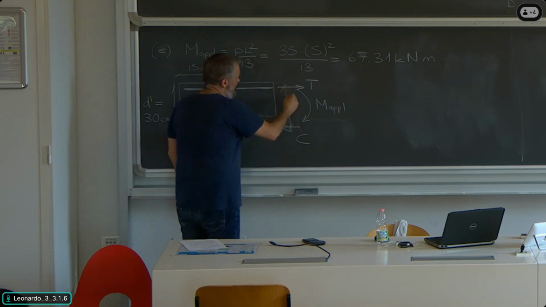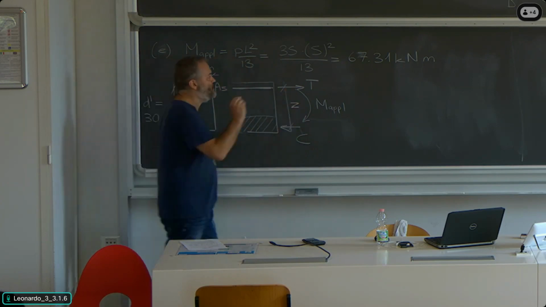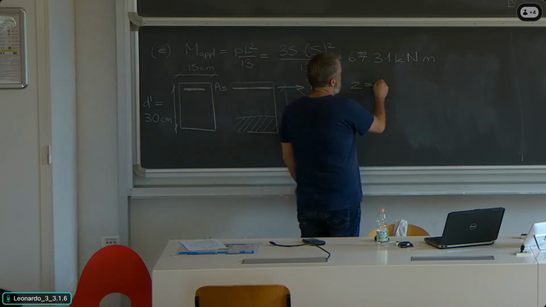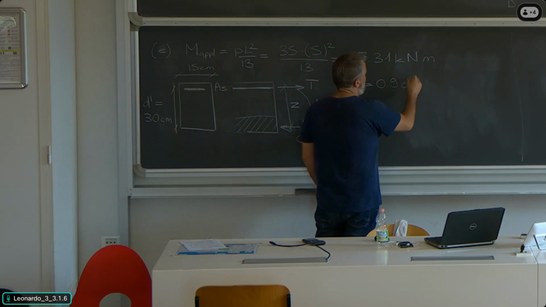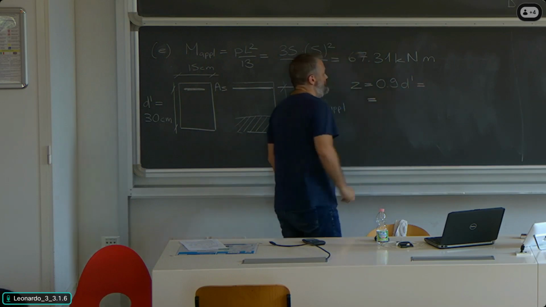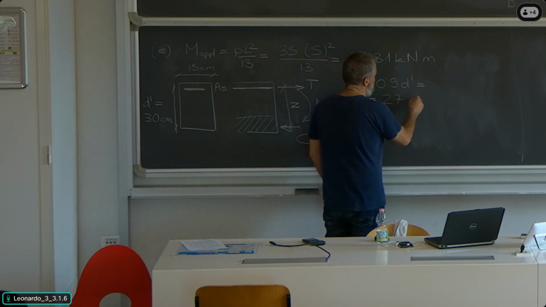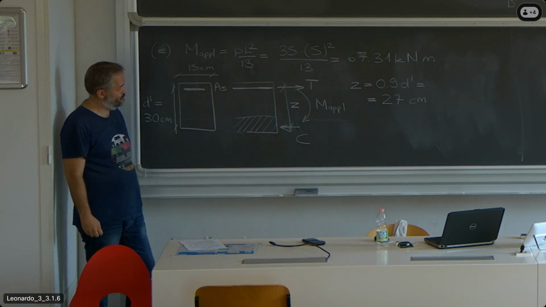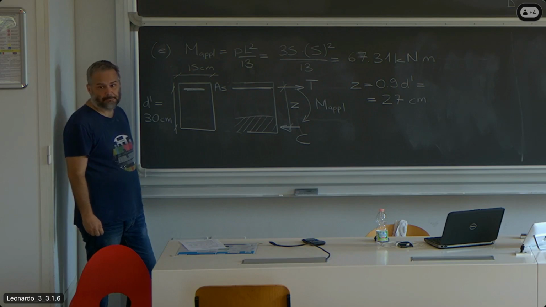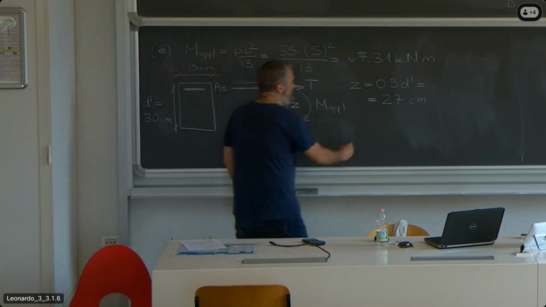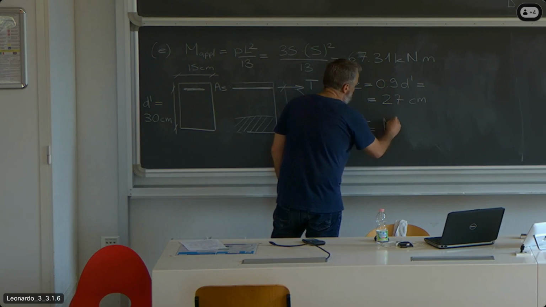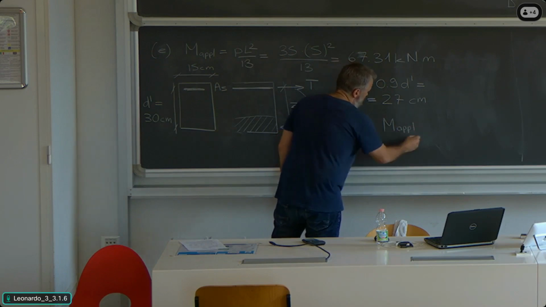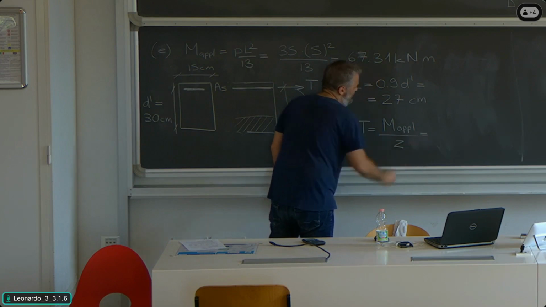The internal lever arm, which we call Z, can be approximated as 0.9 times the effective depth D prime. So in our case, this will be 27 centimeters. Okay? If this approximation holds, then T is simply equal to the moment applied divided by the internal lever arm.